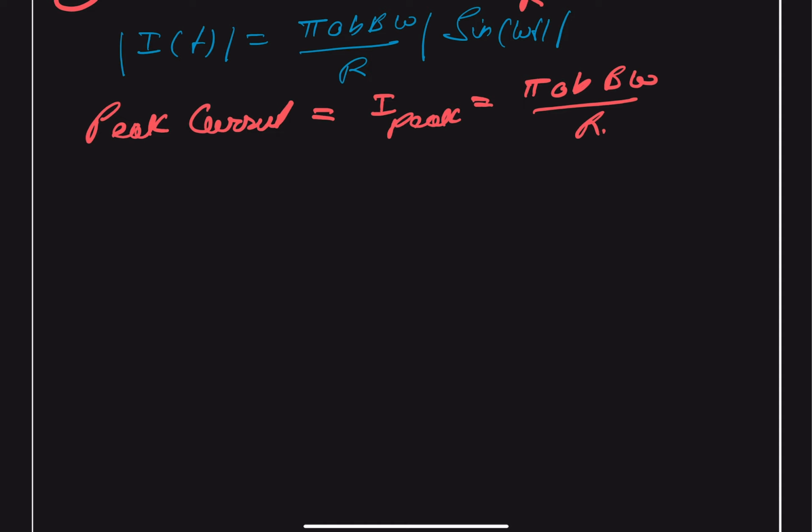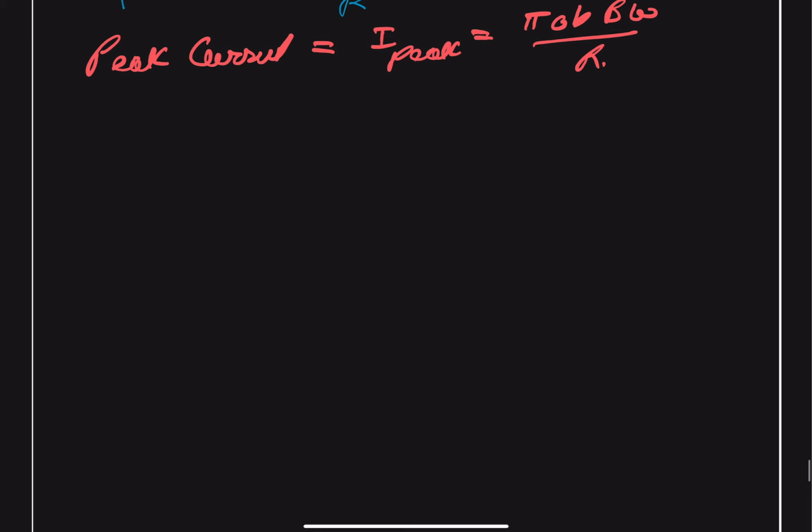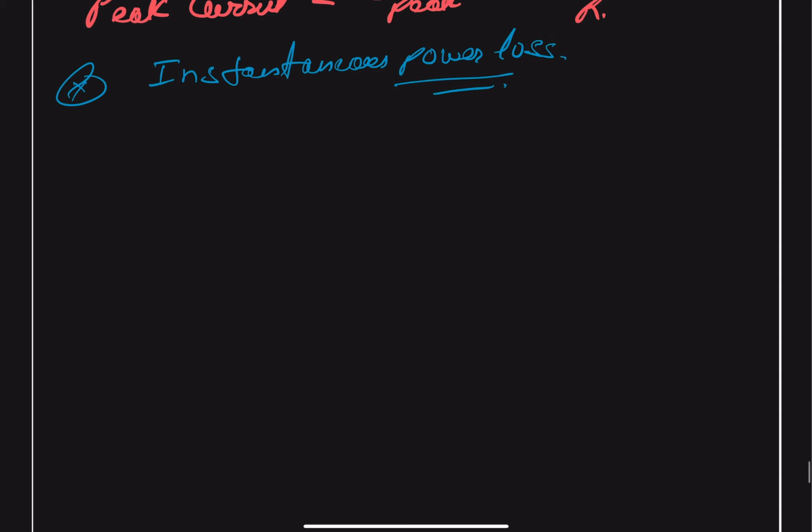Now we can find out the power loss. So the instantaneous power loss P is equal to I square R, and we can also make it a time dependent function.